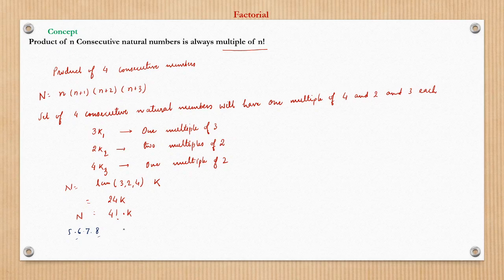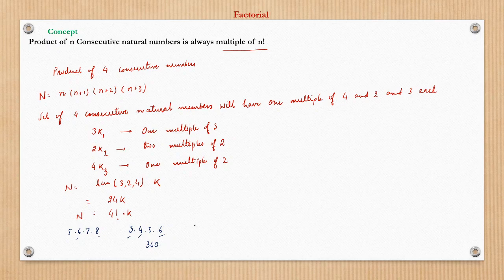But if I take an example of 3, 4, 5 and 6, here it has exactly one multiple of 4, one multiple of 3 and one multiple of 2. So this product is 360. So this is again a multiple of 24.